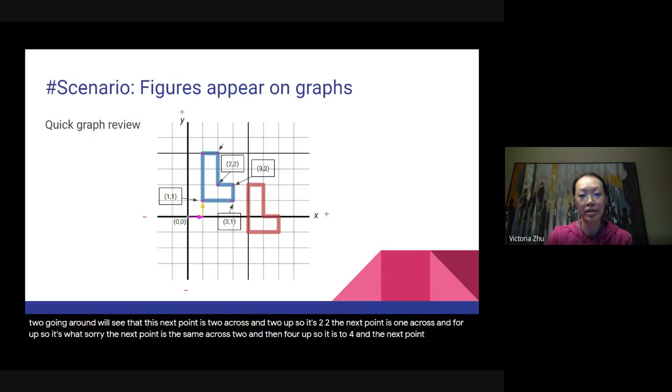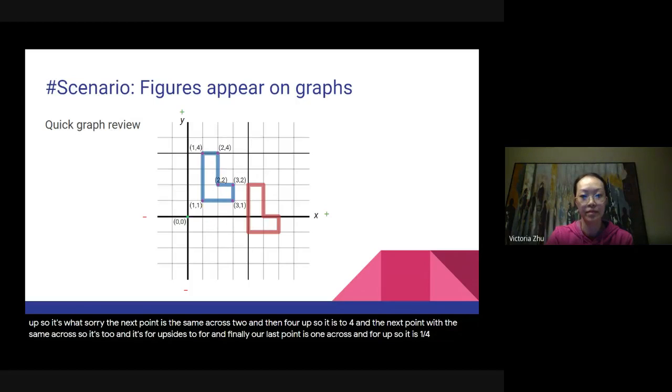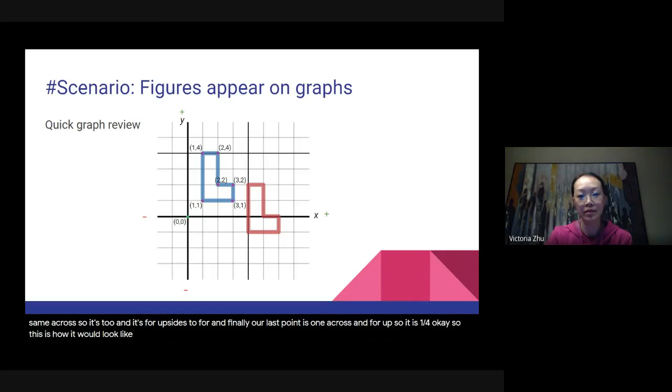And the next point is the same across, so it's 2, and it's 4 up, so it's 2, 4. And finally, our last point is 1 across and 4 up, so it is 1, 4. Okay, so this is how it would look, a little bit more in the right way to express our points. Our coordinates are right next to our points.